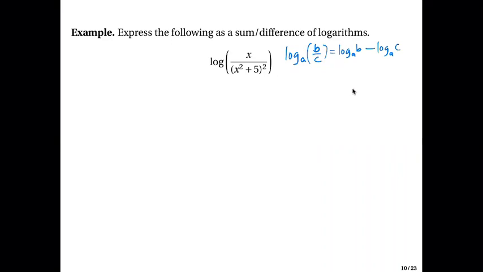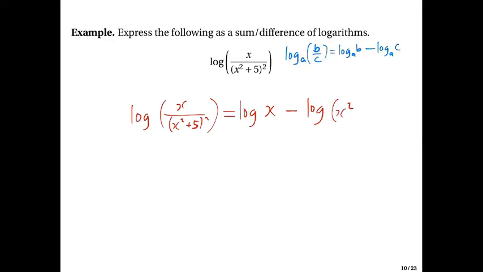Therefore, for the original problem, we have log of x over x squared plus 5 quantity squared. This is now written as log x minus log of x squared plus 5 raised to power 2.